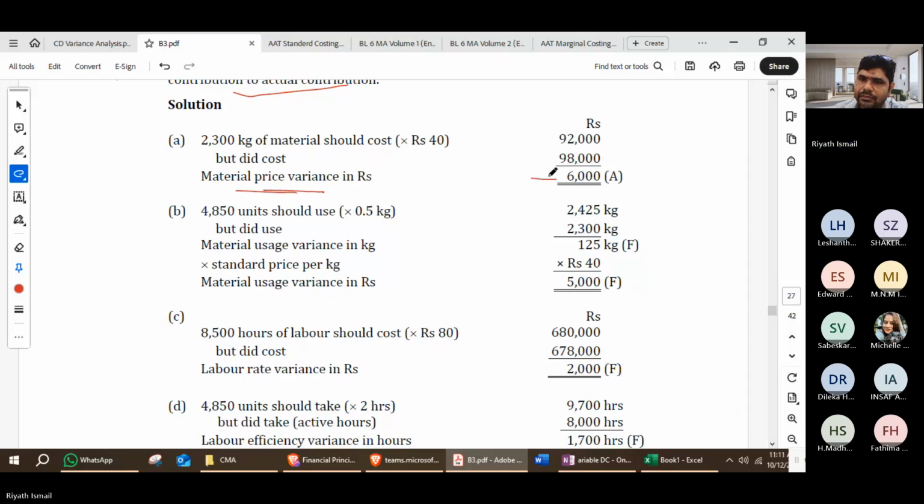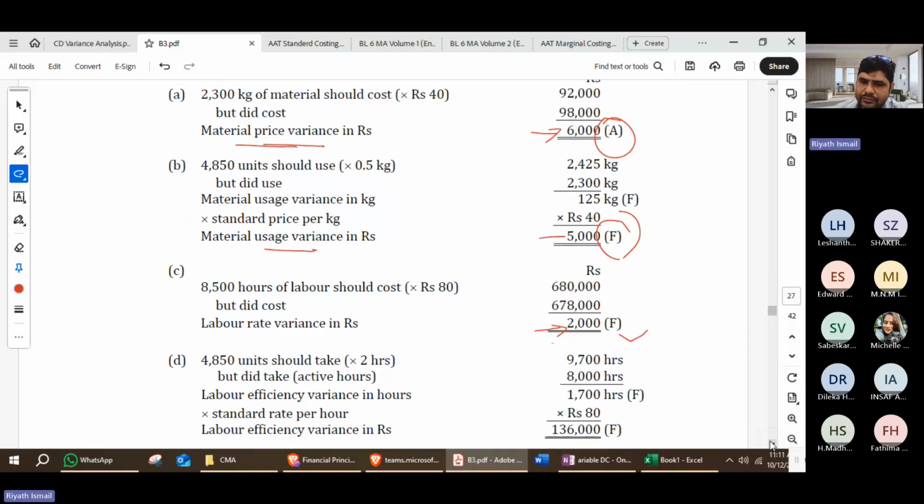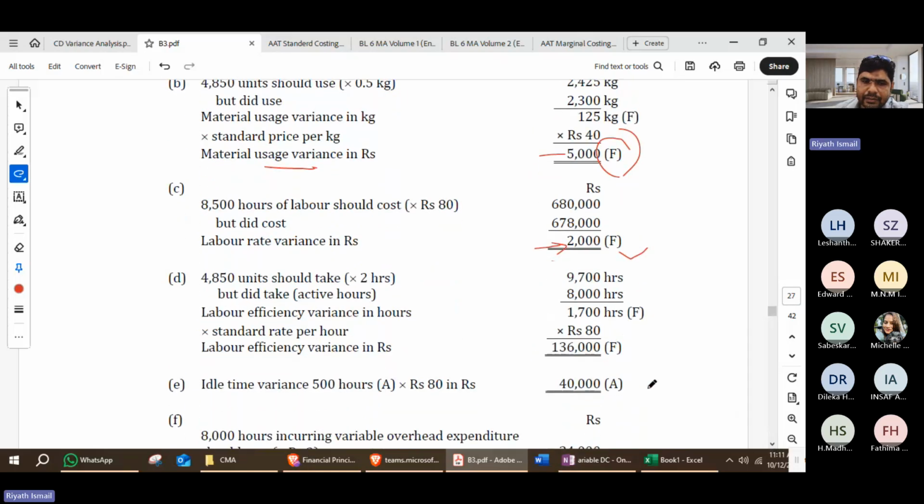They found material price variance 6,000, material usage variance 5,000 favorable, this price variance adverse, and labor rate variance 2,000 favorable, and the direct labor hours, right?